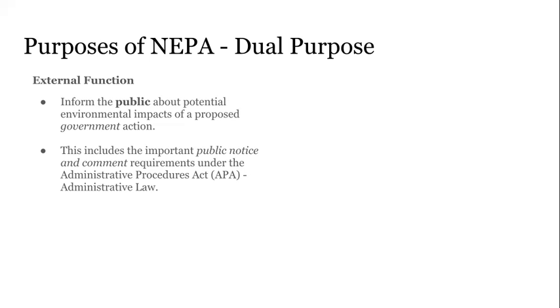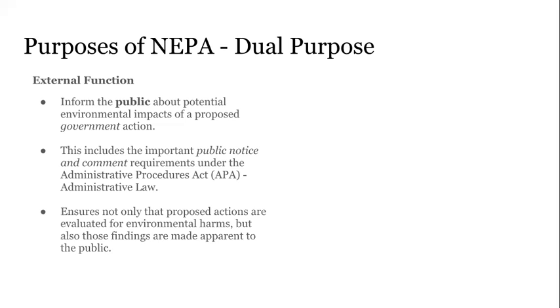And so one of the ways that we make it transparent is that we have this external function where we inform the public. And we do that mainly through public notice and comment requirements under different federal laws. But the point is, we put it out there. We put out there the findings under NEPA before we take actions on a potential project.